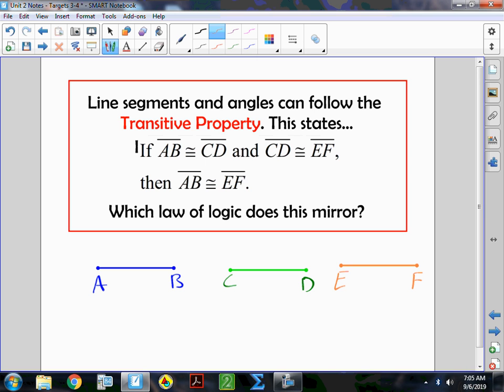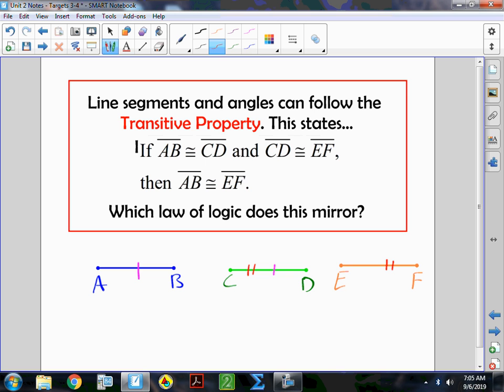The first statement says AB and CD are congruent. So AB and CD each get 1 tick mark. They're the same size, same shape. I then know that CD and EF are also congruent. So I'm going to put 2 tick marks on CD and 2 tick marks on EF.